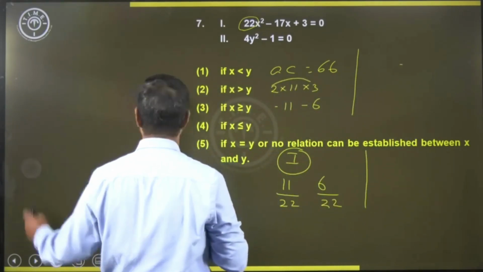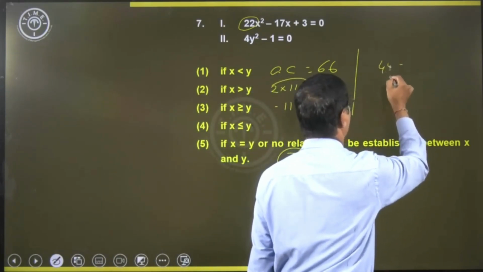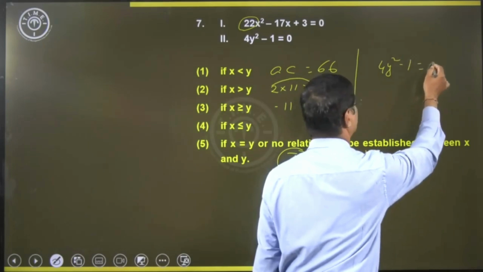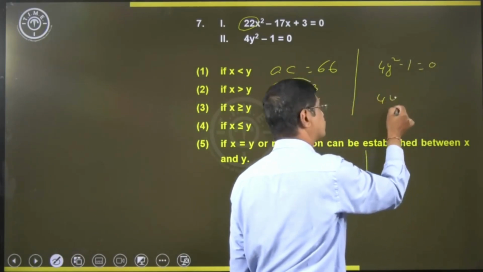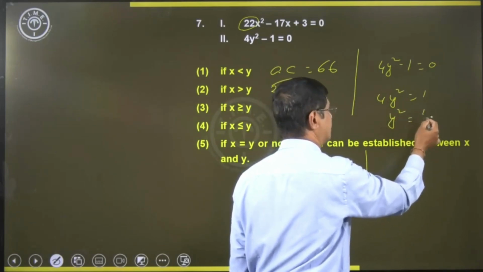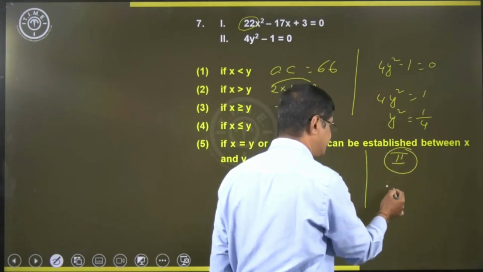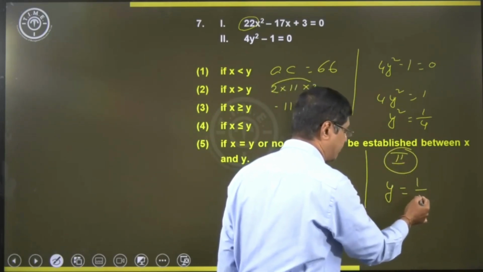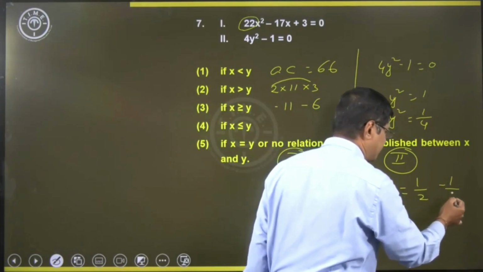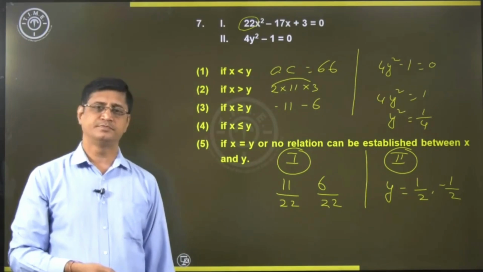4y square minus 1 is equal to 0. Means 4y square is equal to 1. Y square is equal to how much? 1 by 4. Then what about the value of y? Y is equal to plus or minus 1 by 2, which means positive 1 by 2 and minus 1 by 2.